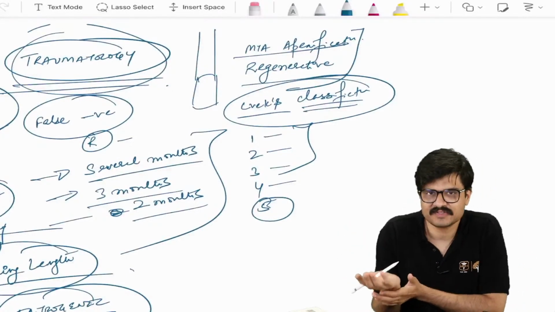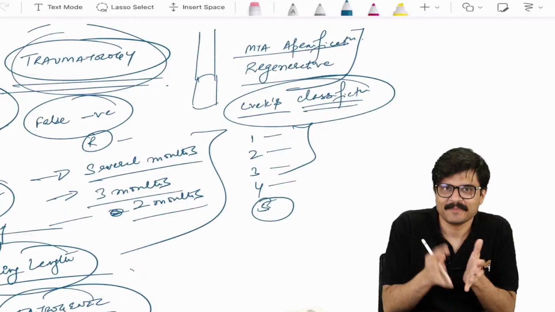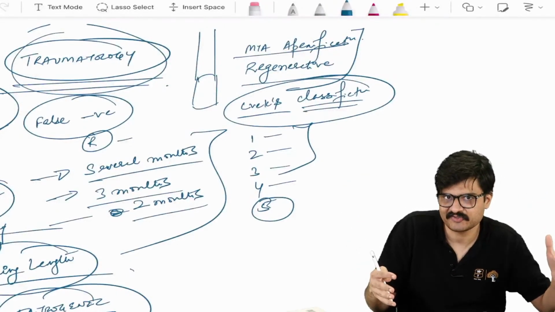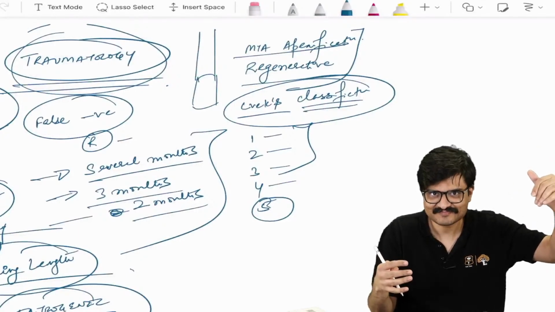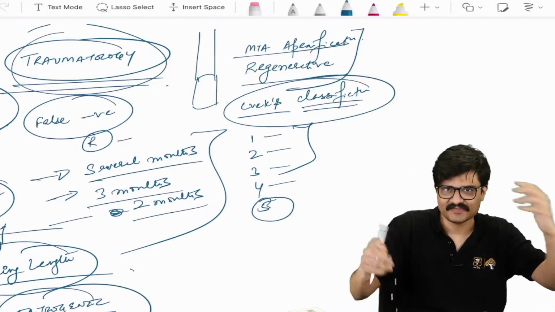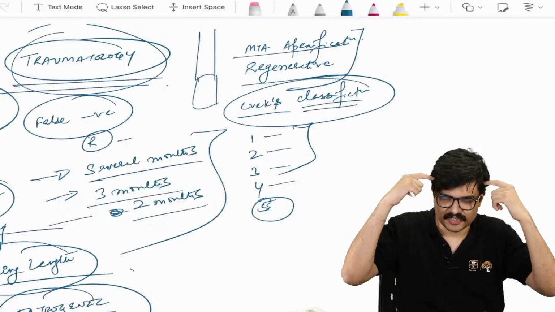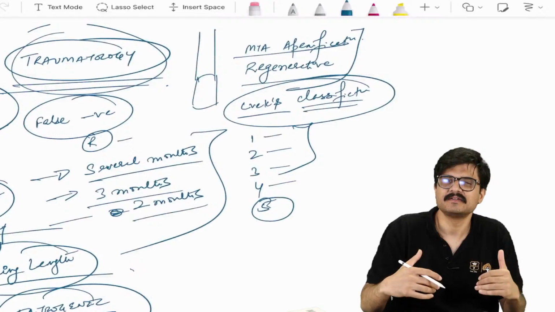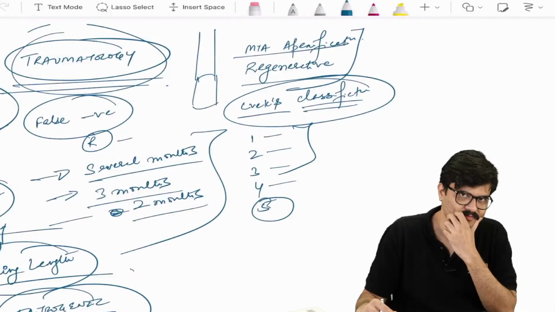It's not a chisel, right? An enamel hatchet is a chisel, but a bi-beveled hatchet is an ordinary hatchet, and it's an excavator. You understand? So these things, if you keep on doing them in your head again and again, then you don't forget, then you don't get confused in the examination, right?